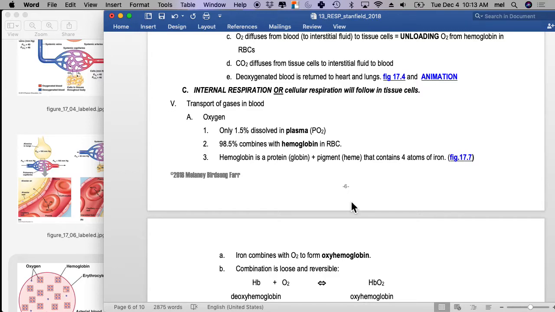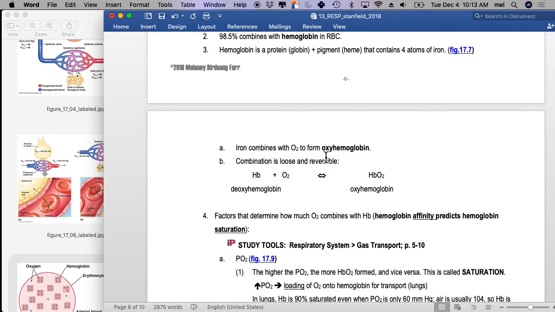Basically, our hemoglobin, right, is an oxygen bus or an oxygen ferry, and it has 4 seats for oxygen on each hemoglobin. And so what is going to happen is you are going to load them onto the bus. When you do that, blood is bright red, and it is called oxyhemoglobin. And of course, you are more likely to form oxyhemoglobin as you go through the pulmonary capillary beds, right?